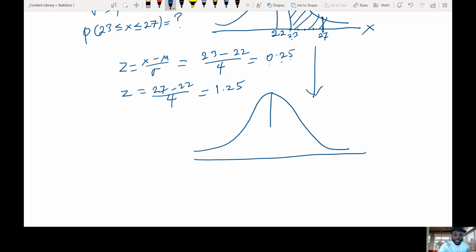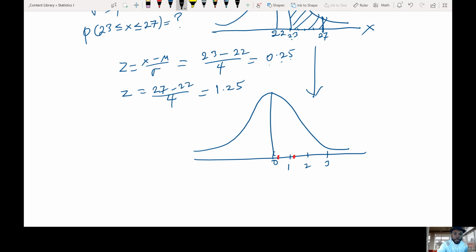And what we have here is that the center is 0. And let's say this is 1 standard deviation from the mean, 2 standard deviations, 3 standard deviations. If that's the case, what we're looking at here is 0.25, which will be somewhere around here, all the way to 1.25, which will be somewhere around here, considering that this is 1, 2, 3.